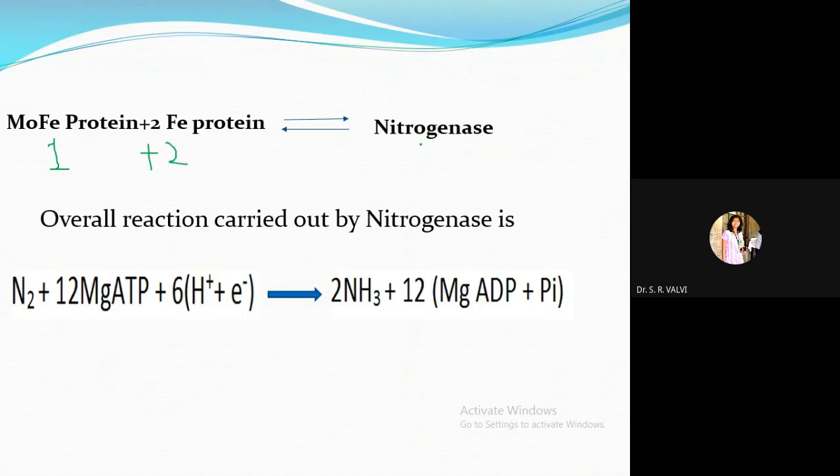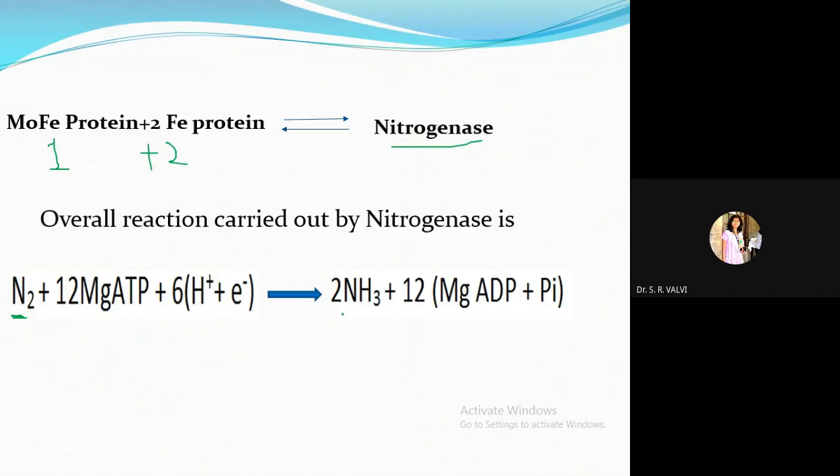Then it forms our enzyme, that is nitrogenase enzyme, and nitrogenase will carry out the reaction which I have placed here. So for the fixation of one molecule of nitrogen, see how much ATP is required. 12 ATP and 6 hydrogen with 6 electrons are required, and it will form 2 ammonia, and it reduces these 12 Mg ATPs into 12 ADP plus 12 inorganic phosphates.